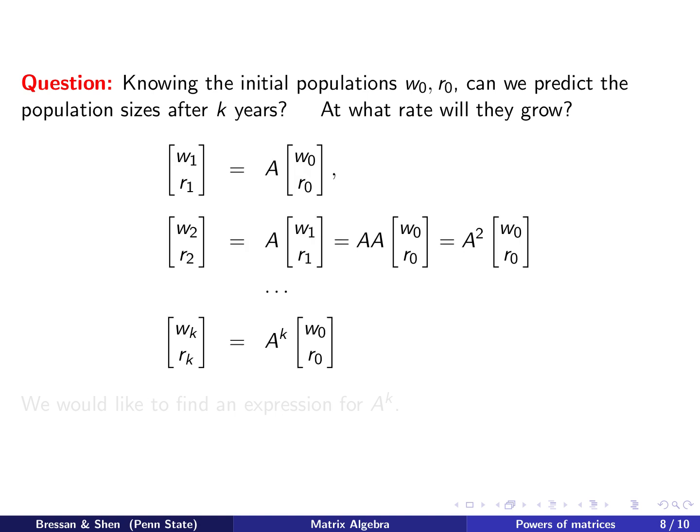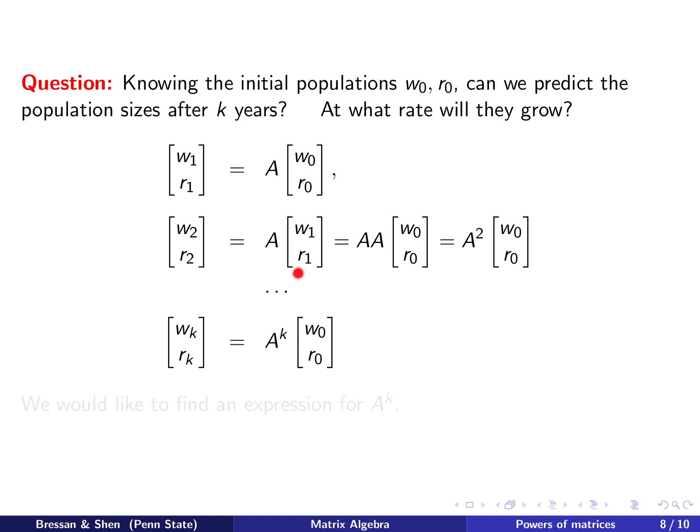Okay, so let's take a closer look. If I set k to be 0, then W1, R1, where k plus 1 is 1, will be A times the initial one, W0, R0. And year number 2, W2, R2, will be A times W1, R1.